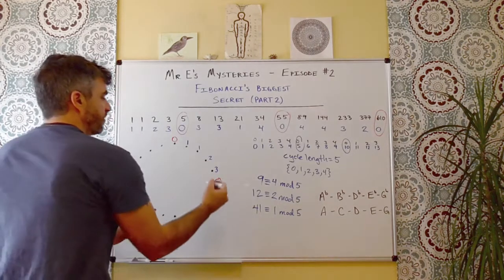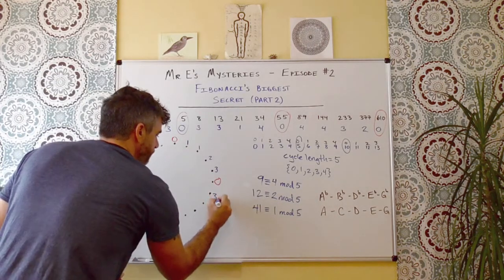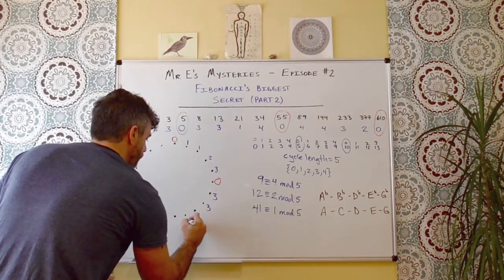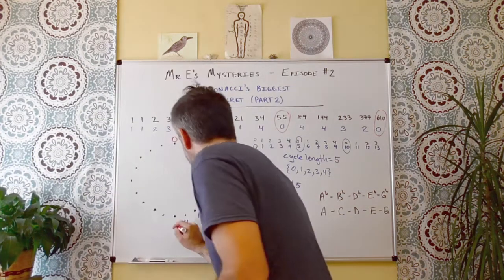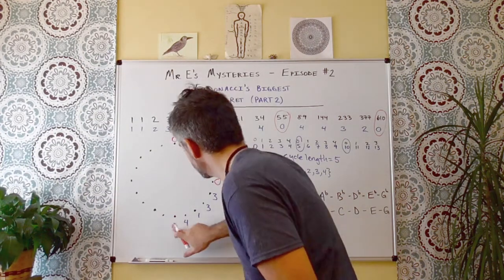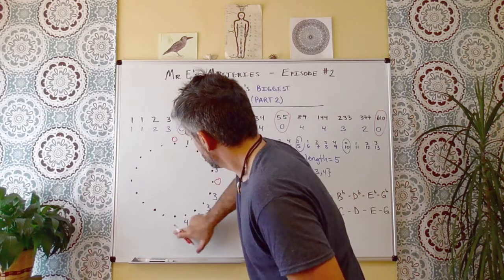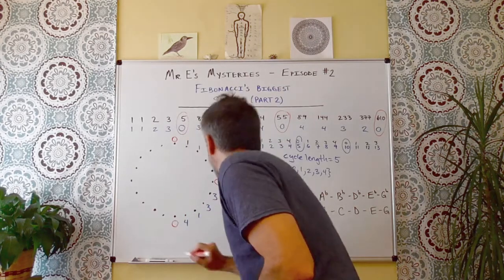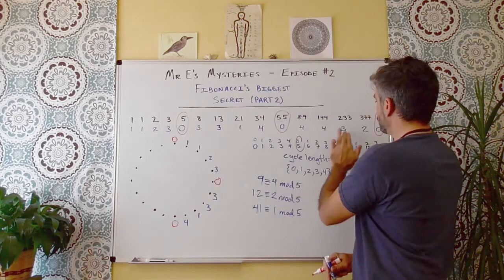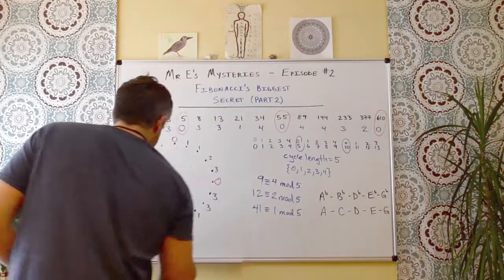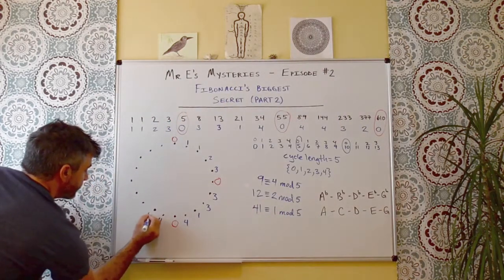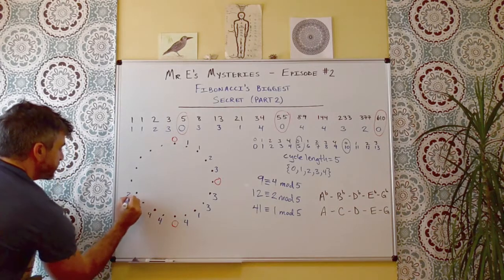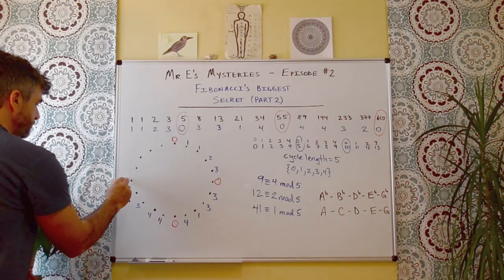And then I have 3, 3, 1, 4. And another 0. Let's put that as a 0 there. And then we have 4, 4, 3, 2, and another 0.